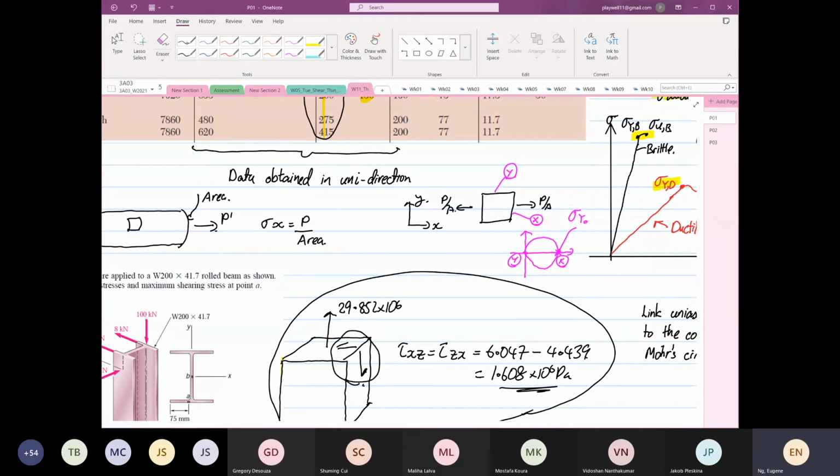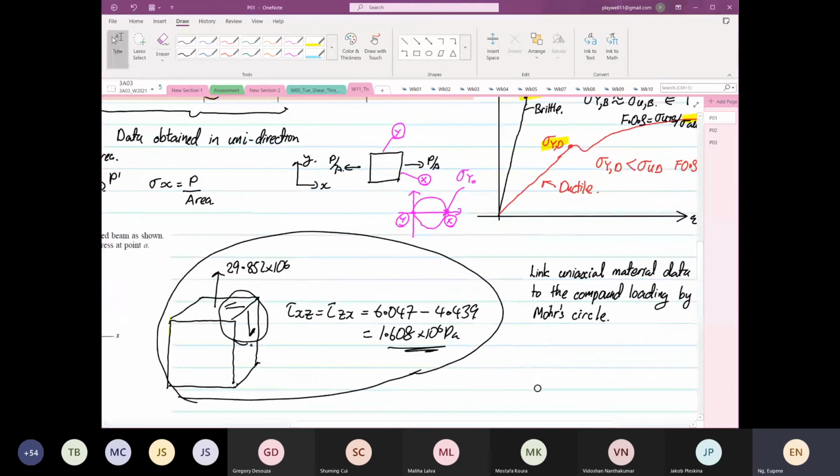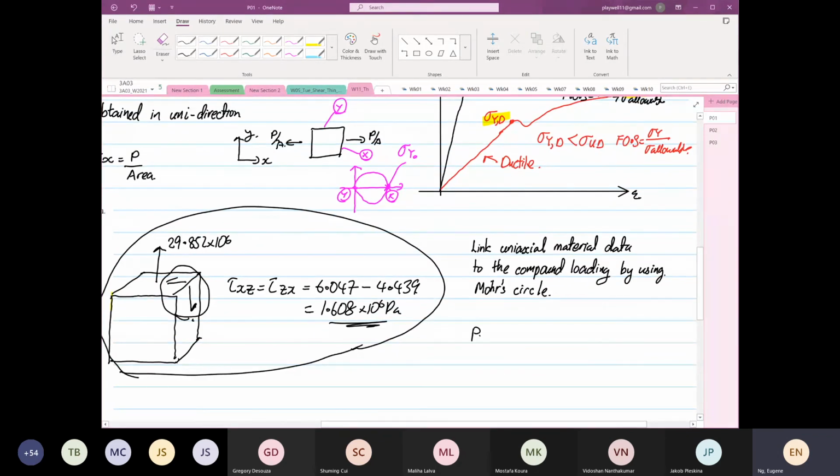So before I go on, what do I mean by principal stress first? Principal stresses are stresses that have zero shearing stress.